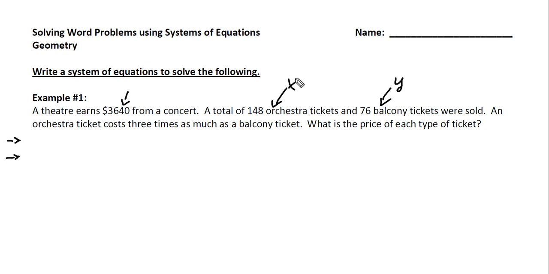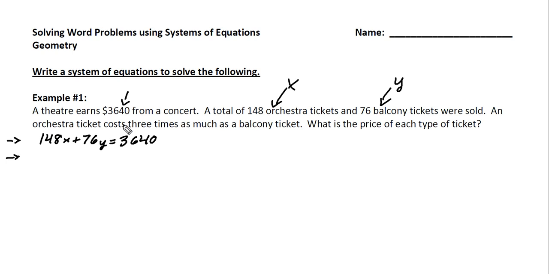So in this case, X refers to the price of an orchestra ticket, and Y refers to the price of a balcony ticket. So we can write down that first equation. 148X plus 76Y equals 3,640.